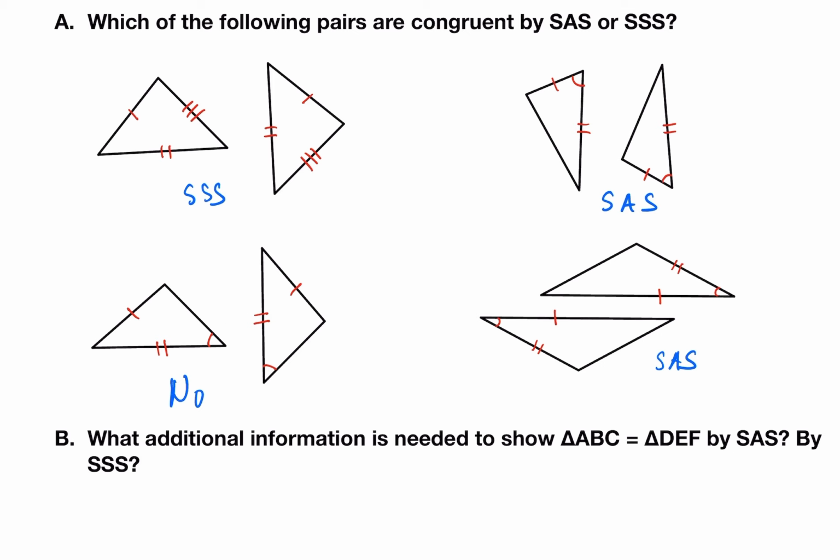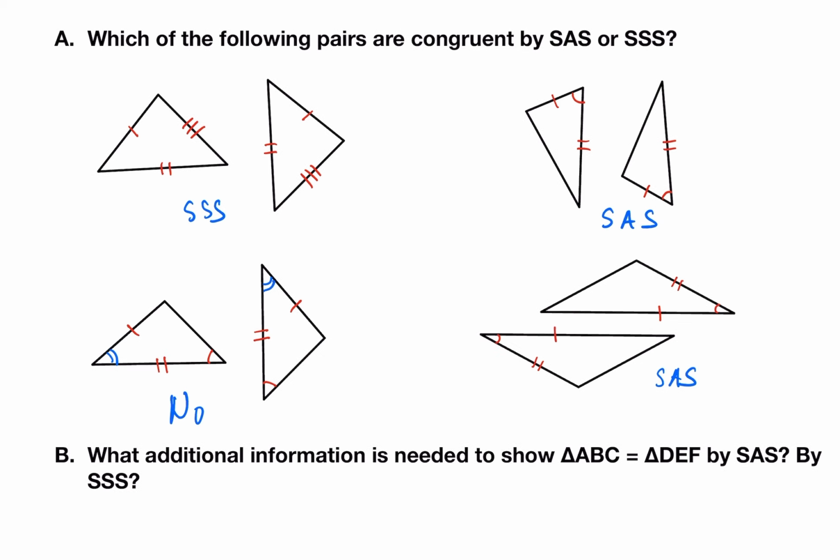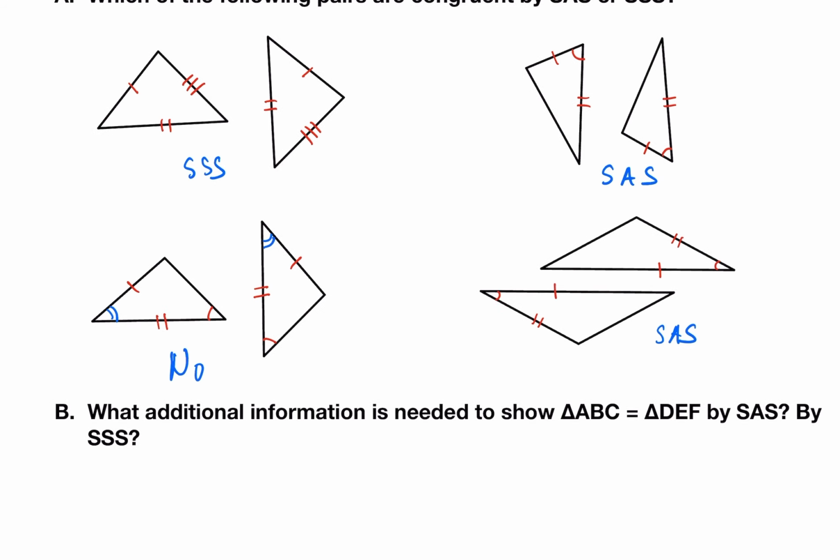Well, in order for these two to be congruent, the angle that's included, so this angle here, I'm going to use a double hash mark, has to equal that angle. Okay, now we have a side angle side. So that is the additional information that is needed to show that those two triangles are congruent by side congruency.